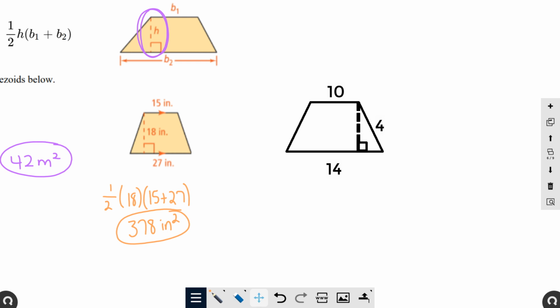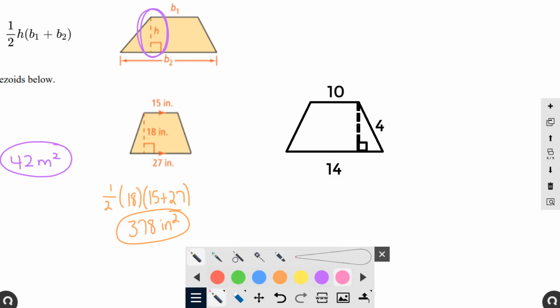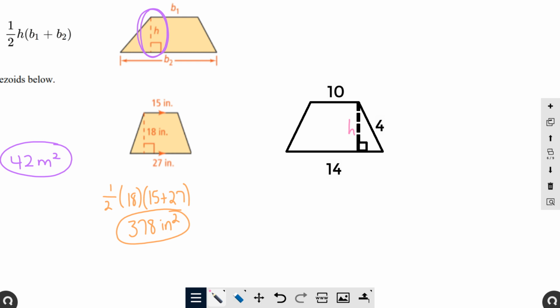Okay, first off, we know our two bases, right? The two bases are 10 and 14. We are missing the what? The height. So this is our height here, which is h. And we need to find it because if we want to set up our formula, we would just have this, missing that height. How are we going to find the height? It's not 4.